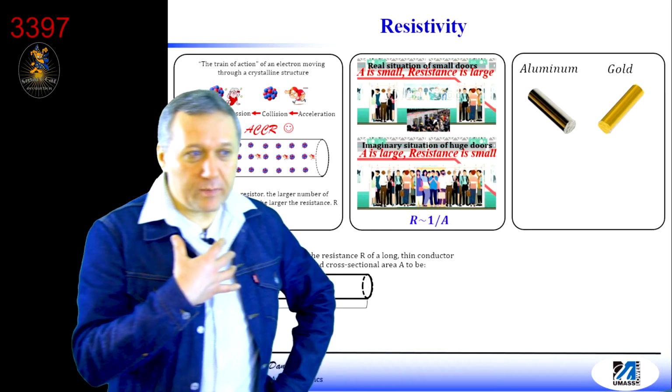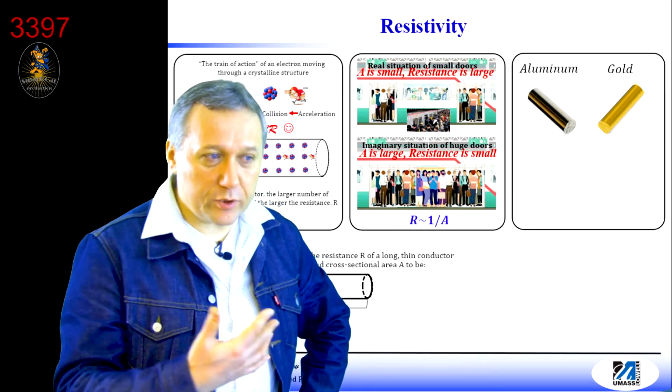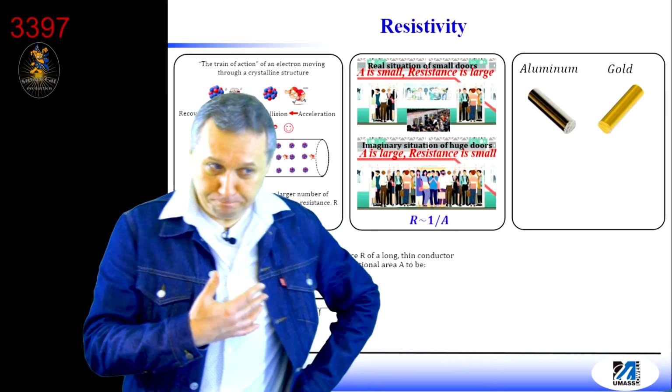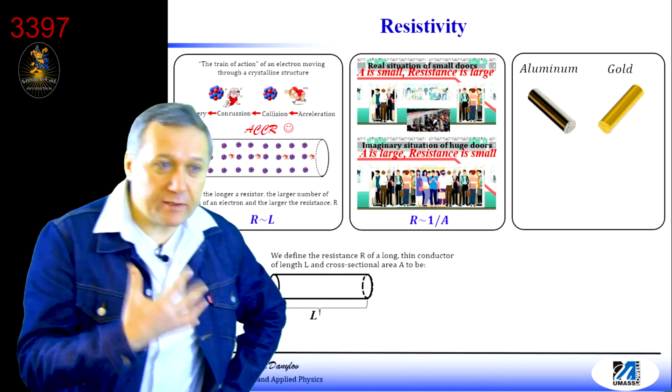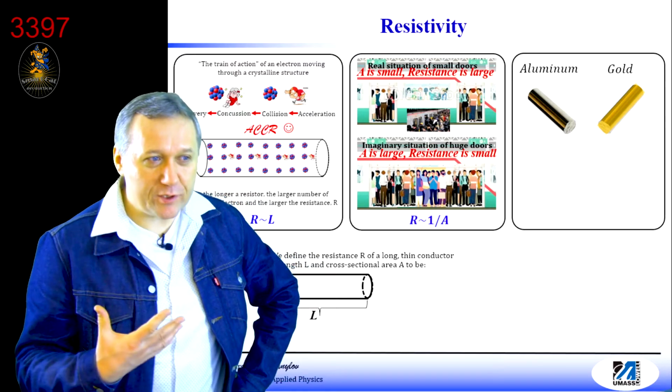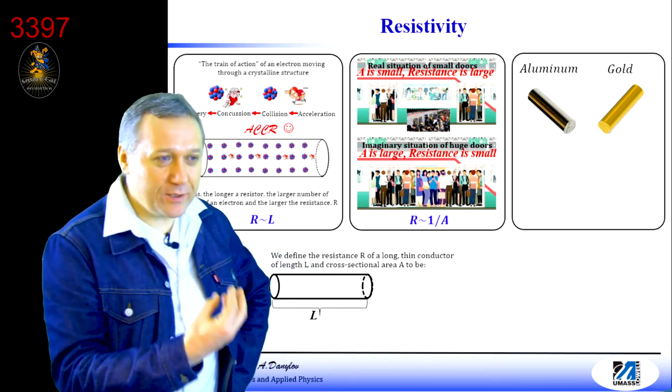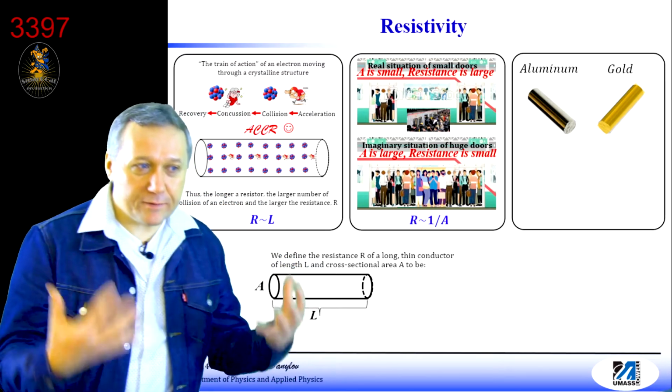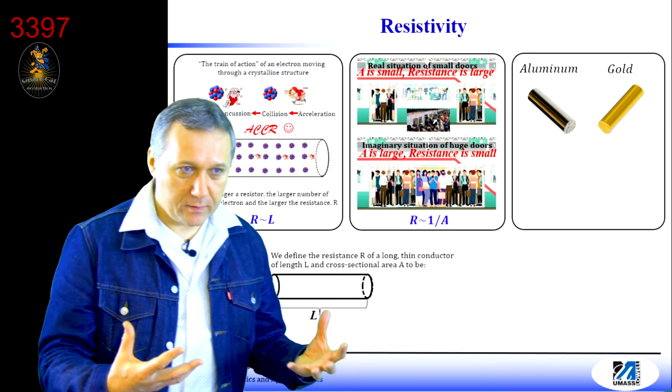Actually, we cannot say immediately which one is going to have smaller resistance, but we can say for sure that definitely they should have different resistance. Gut feeling should tell us that different material should have different amount of resistance.